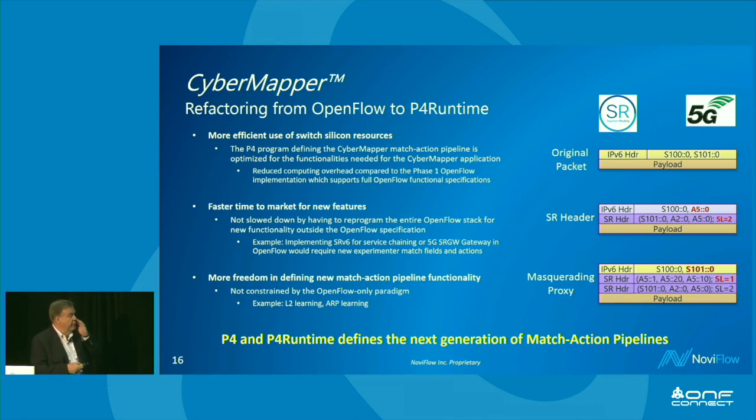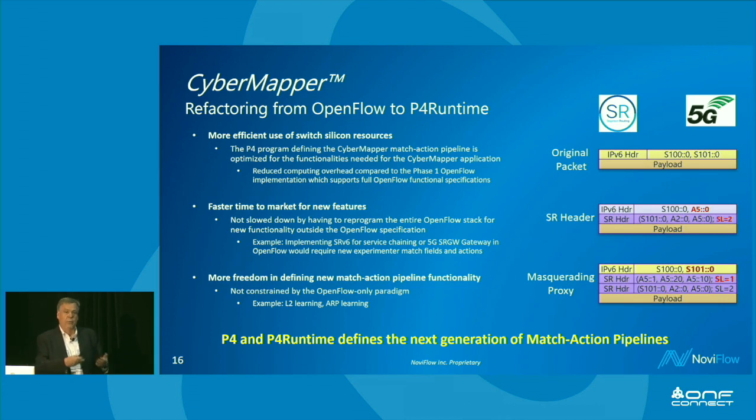And a good example, before we move on, new features. So let's say we want to implement SRv6 in our CyberMapper, or a gateway GTP to SRv6 for mobile networks.